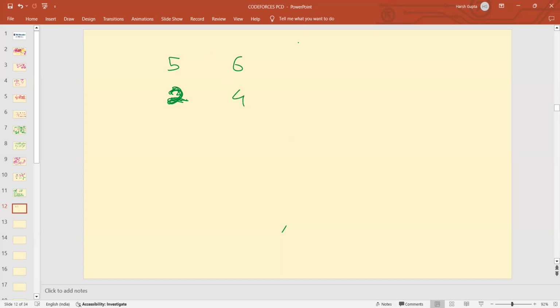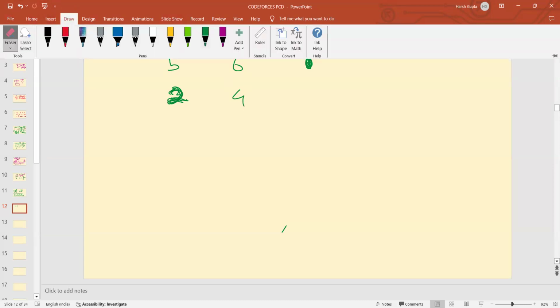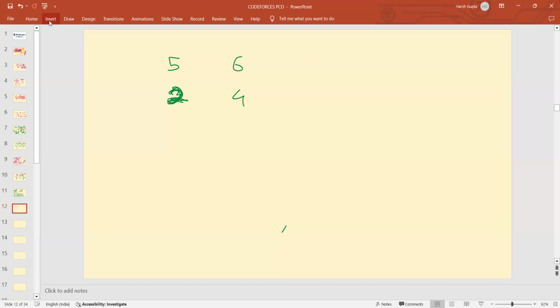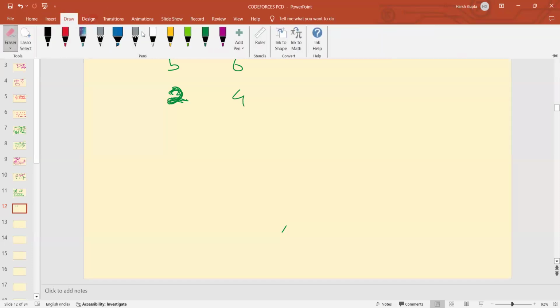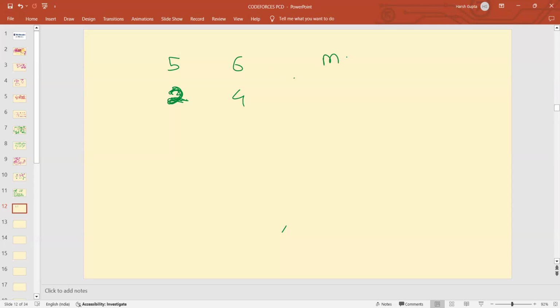And let's suppose I will take 2 examples. First of all, I am taking the value of m as 60. Okay, I am taking the value of m as 60, and I will take 2 examples.